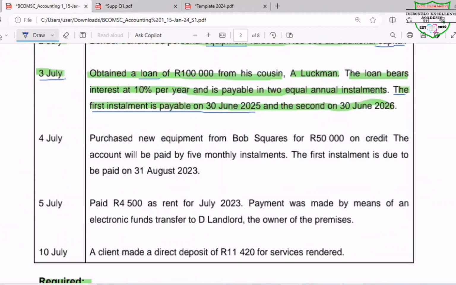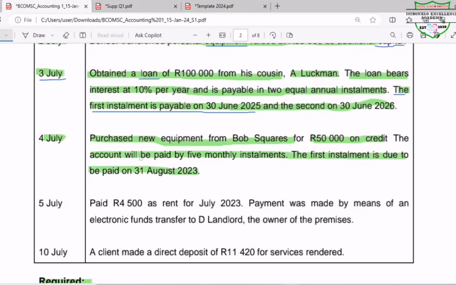So this one took place on the 4th of July. Purchased new equipment from Bob Squares for 50,000 on credit. The account will be paid by 5 monthly installments. The first installment is due to be paid on the 31st of August 2023.